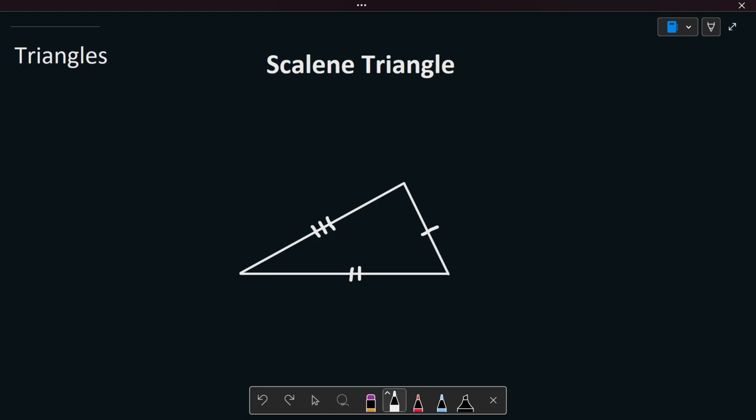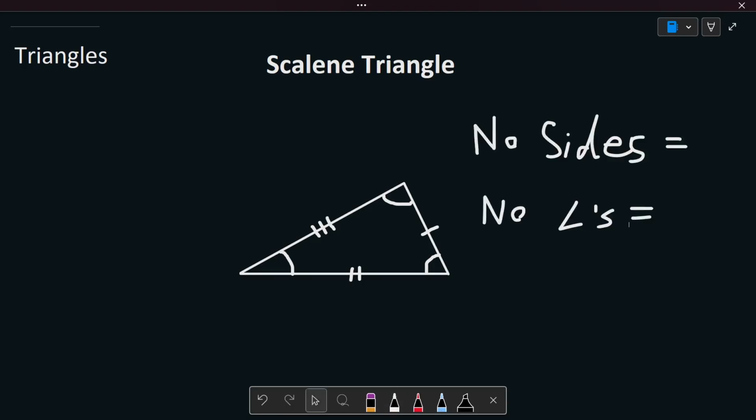And therefore, with the angles of the scalene, we can also conclude that none of the angles are equal either. So, in a scalene triangle, absolutely no sides are going to be equal, and no angles are going to be equal either. So those are the different types of triangles that we have.